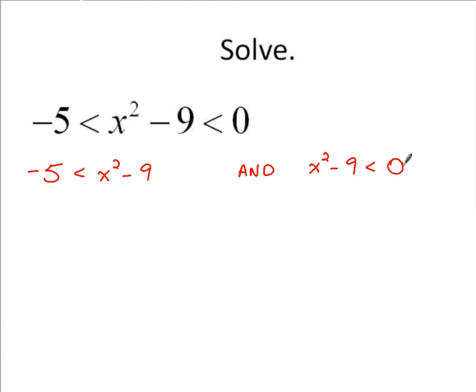Okay, on this first inequality, we want everything to be compared to 0, right? So I'm going to add 5 over. 0 would be less than x squared, adding 5 over, that'd be minus 4. And just for perspective's sake, I'm going to flip this around. x squared minus 4 greater than 0.